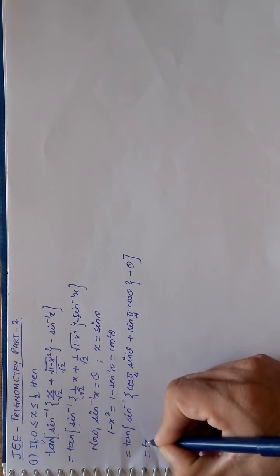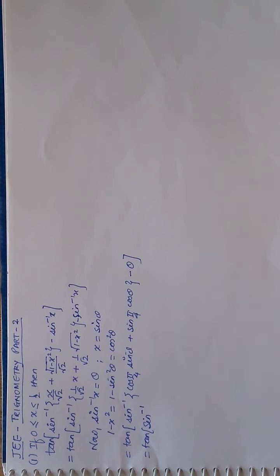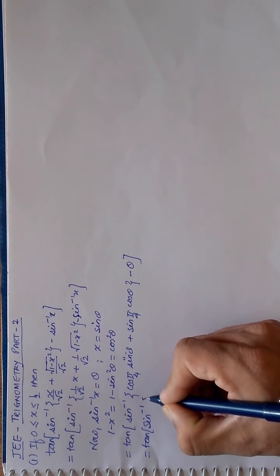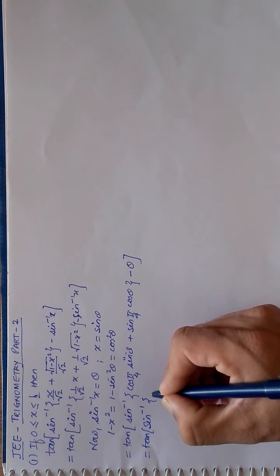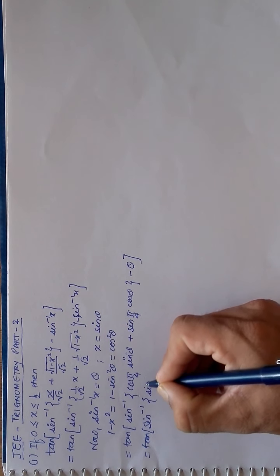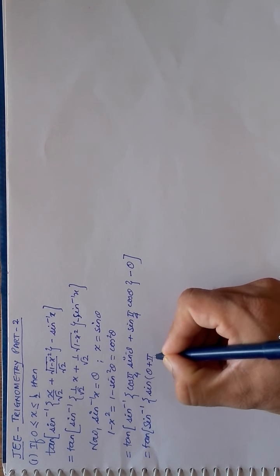So now this becomes tan of sine inverse. Agreed? Sine inverse. So here it is cos A sine B plus sine A cos B, that is the sine A plus B formula, theta plus pi by 4, right? This is your sine inverse sine of theta plus pi by 4.